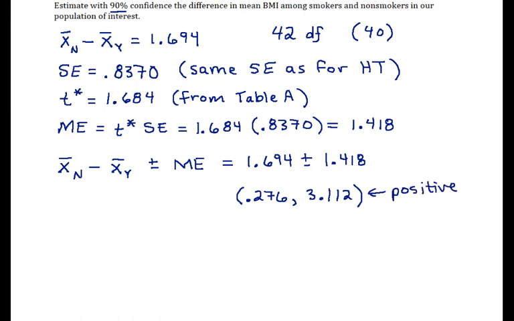And as we already observed with our hypothesis test, these are actually higher for the non-smokers. We subtracted non-smokers minus smokers and we got all positive values. So that's consistent with what we observed already in our sample statistics, that BMI seems to be higher among non-smokers than smokers by somewhere in this range of values.